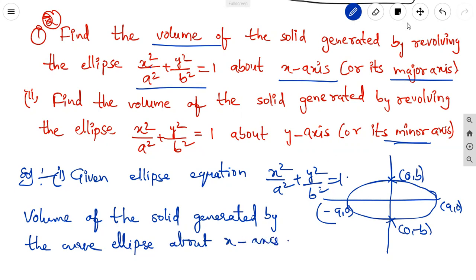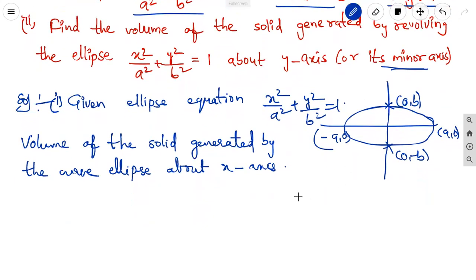About x-axis means that is a major axis. That is equal to, v is equal to integral a to b pi y square dx.